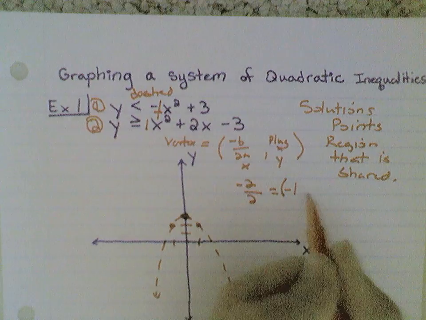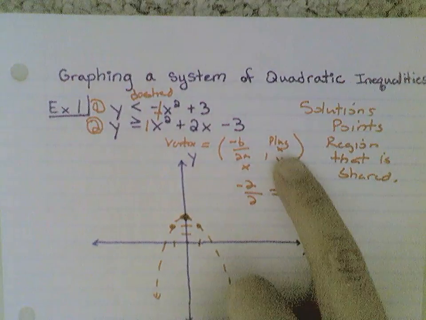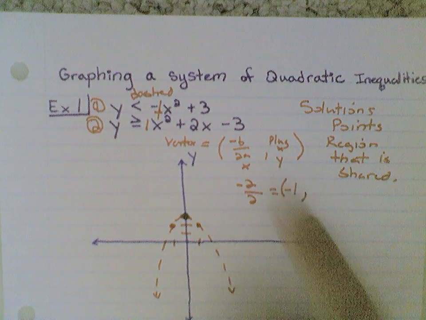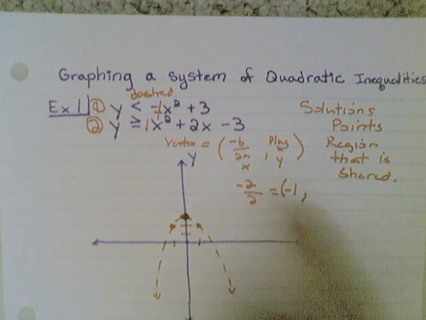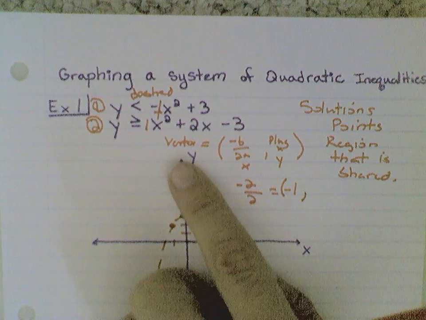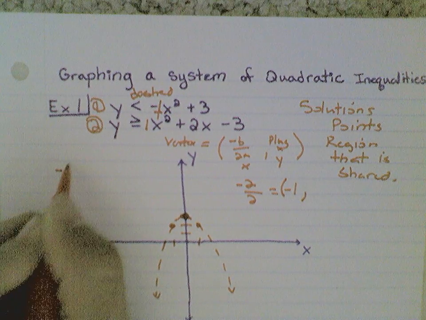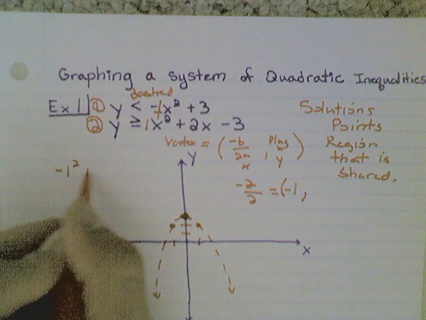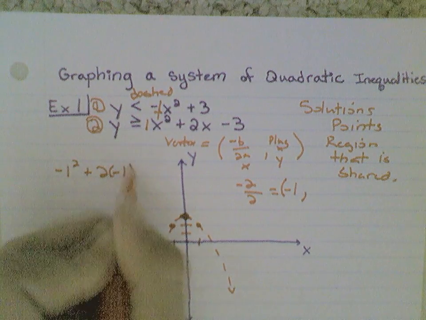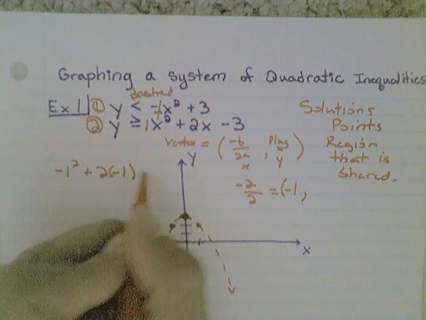Now, I want to plug the x back in to find the y. So I can take -1 and plug it back into my equation: -1 squared plus 2 times -1 minus 3.